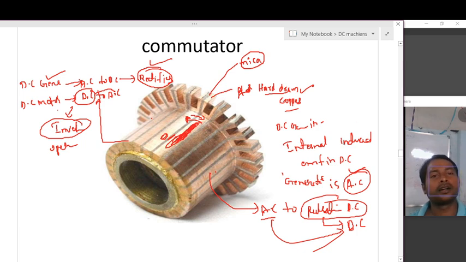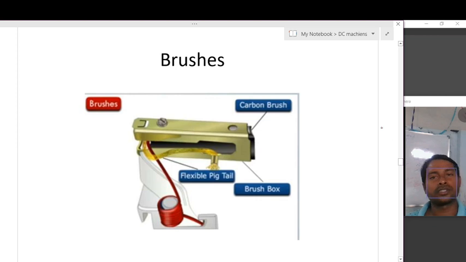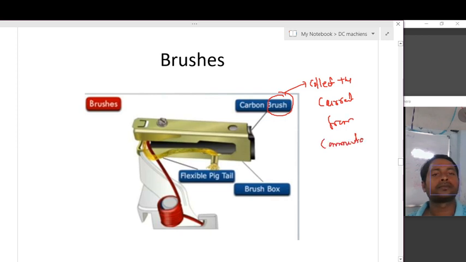The next part of the DC generator is the brushes. I already explained in the single loop generator that brushes are used to collect the current from the commutator. The actual setup of the brushes is like this.